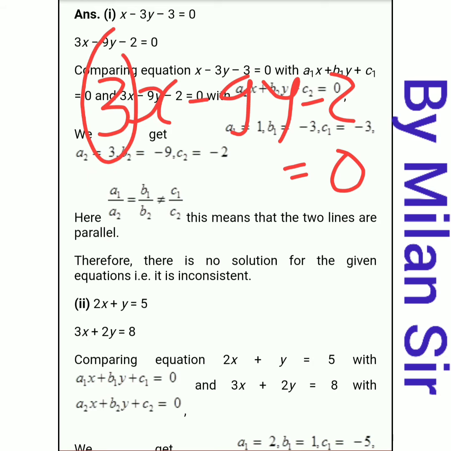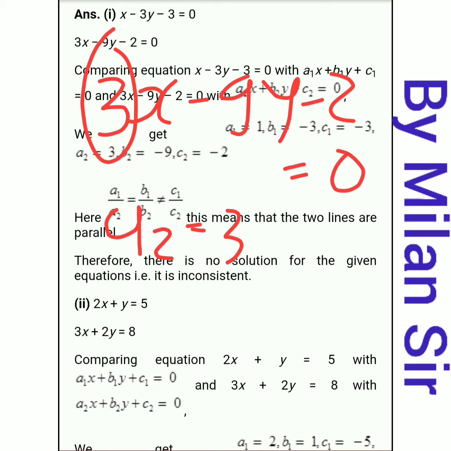Here first of all the coefficient of x is our a2, equal to 3. We compare this equation with the standard form a2x plus b2y plus c2 is equal to 0.